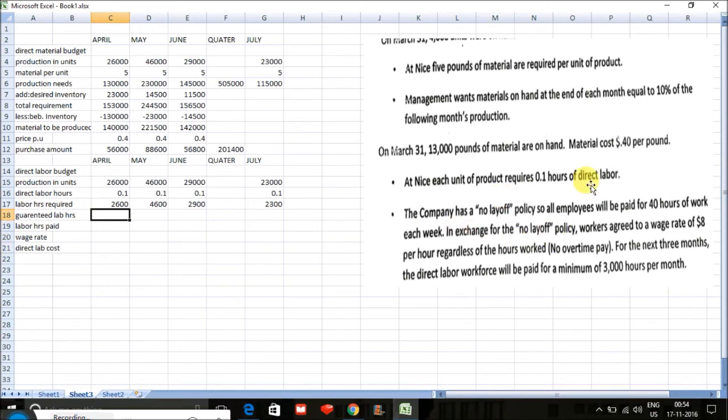And in this question, we are given information that there is a policy of the company that a minimum of 3,000 hours per month should be paid by the company. So we should write here the minimum 3,000 requirement that we have to pay each month.